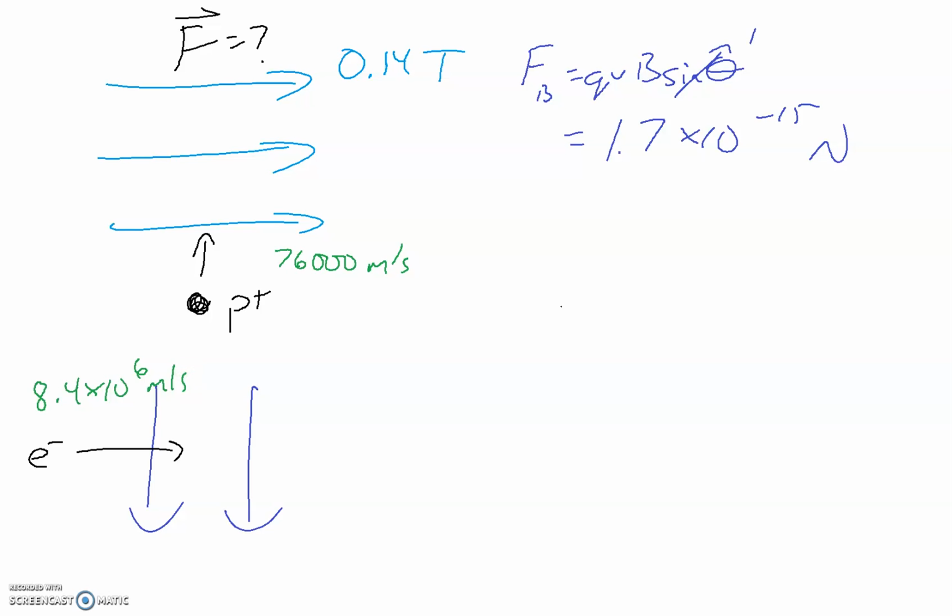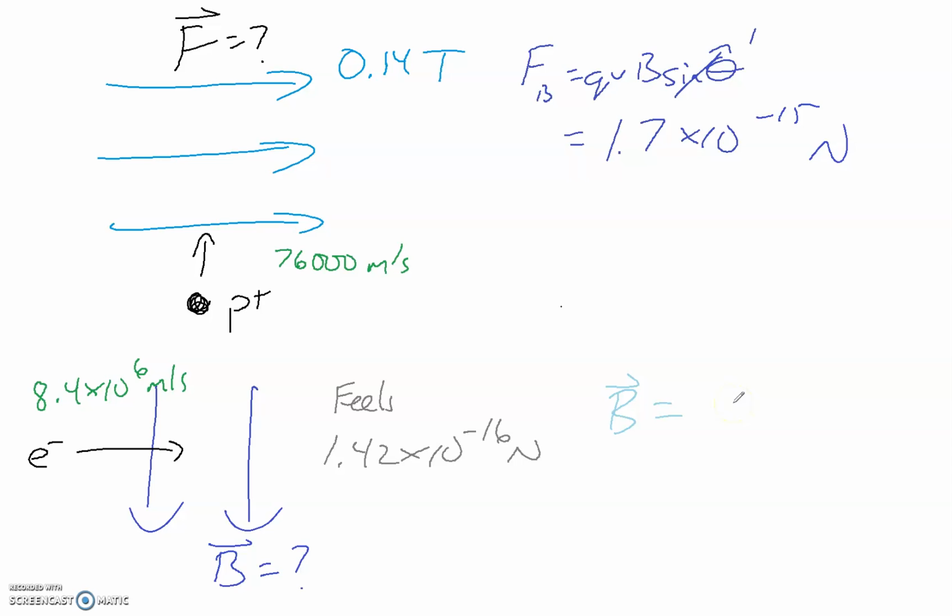It's coming in there, and let's say the electron feels 1.42 times 10 to the negative 16 newtons. So what is the magnetic field? Okay, so just using the same expression as before, we've got the force, we've got the Q, we've got the V. B is what we're looking for. So we're looking for the magnetic field.